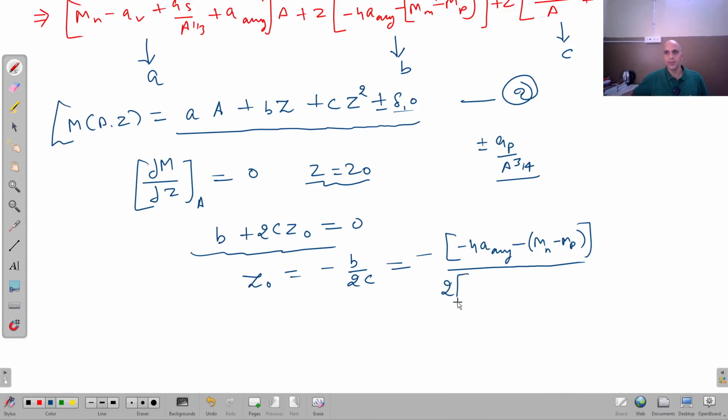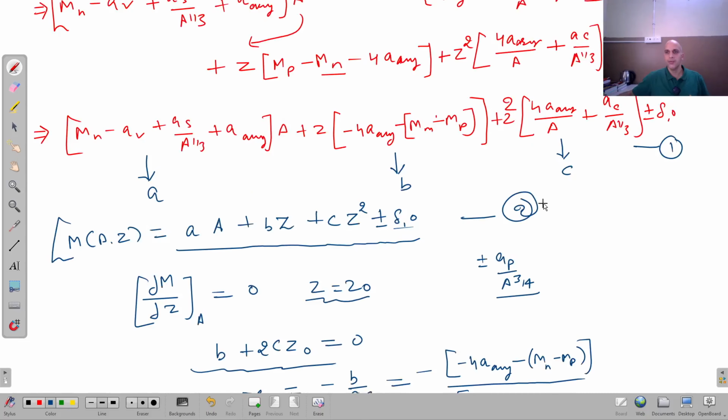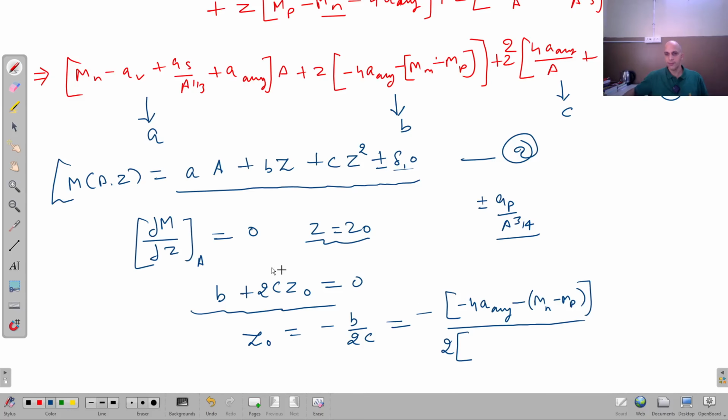But minus is already there, so it will become plus. 2 into C means, you can see here, 4 A symmetry upon A plus A Coulomb energy upon A power 1 by 3. This is the C, so I put it here.